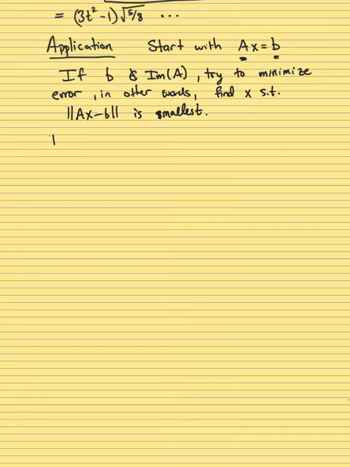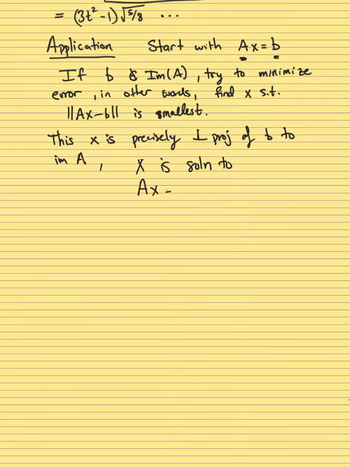This x is precisely the orthogonal projection of B onto the image of A. So in other words, x is a solution to the equation Ax equals the orthogonal projection of B onto the image of A. And now we have formulas for this vector, so we can solve for x.